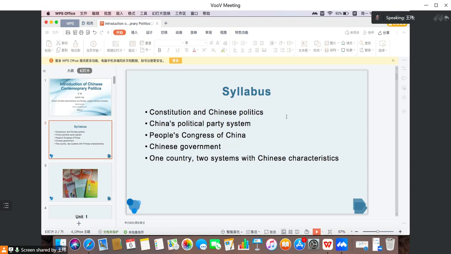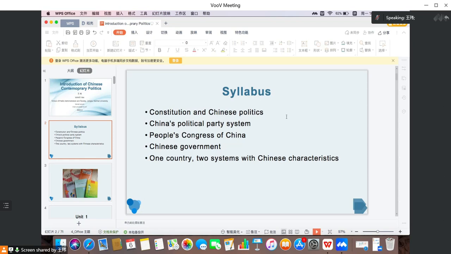But maybe the other 8 parties, the leaders of all the members, they are supervising the CPC. If they think, no, I don't think so, I don't think this is the correct person for the position in the government, I will tell you, this is my obligation to supervise the CPC.